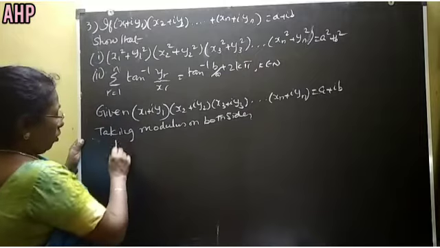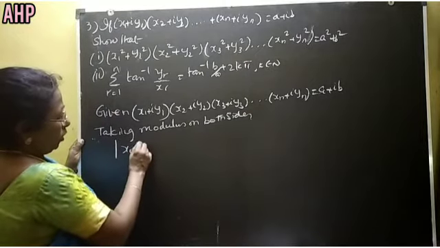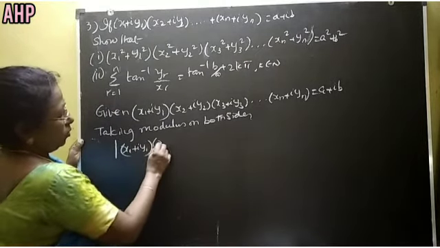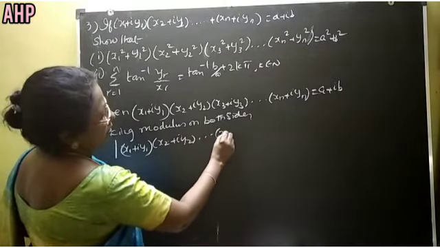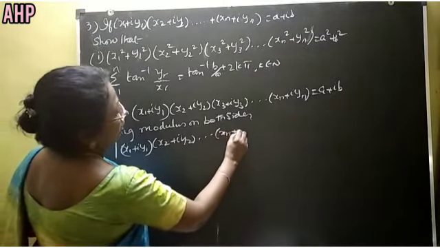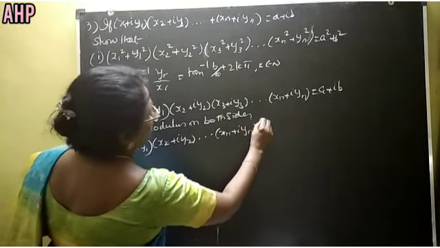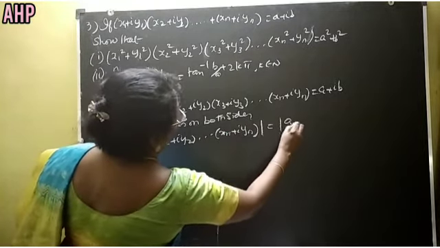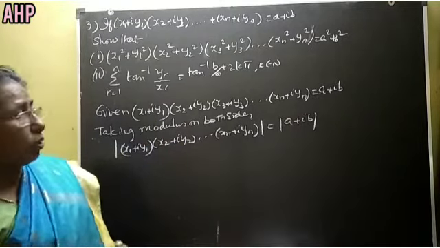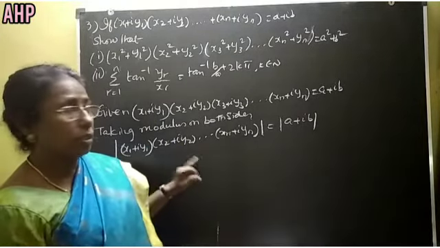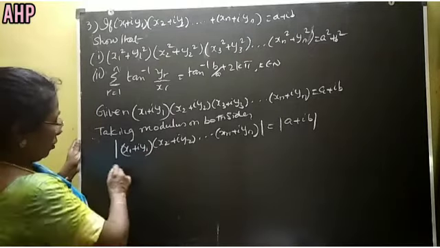What do we get? Mod of (x1 + iy1)(x2 + iy2)...(xn + iyn) is equal to mod of a + ib. We know that modulus of z1 z2 is equal to modulus z1 into modulus z2.